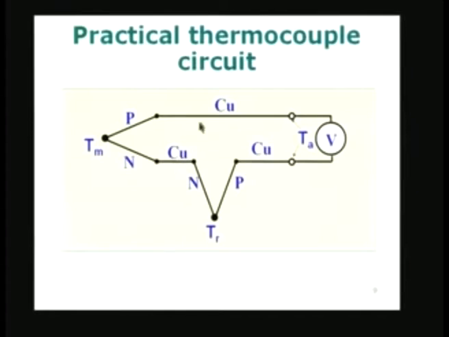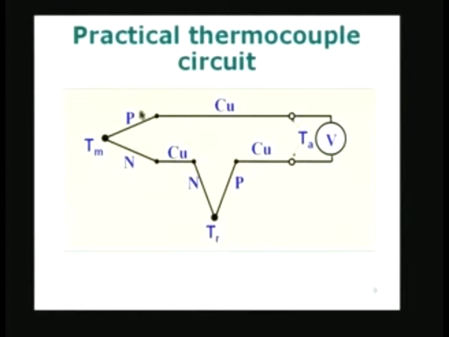But what I have done is, I have connected a copper wire between here and here, a copper wire between here and here, and also a copper wire between here and here. So, now when I connect these extra copper wires, you see I have one more junction here.